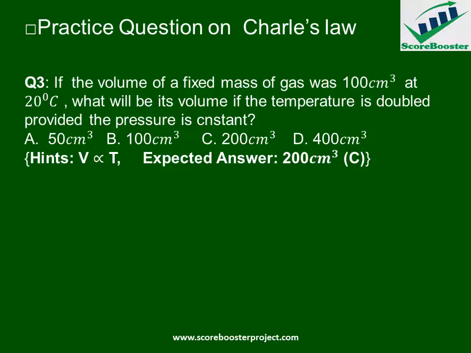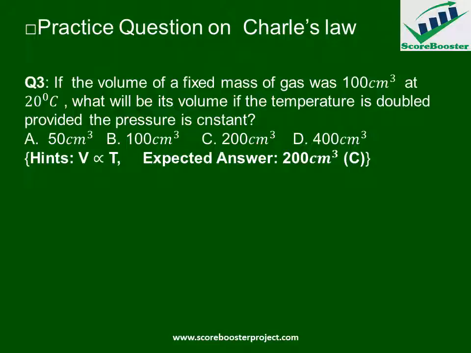Now, the last question here for your practice goes thus: if the volume of a fixed mass of gas was 100 cm3 at 20 degrees Celsius, what will be its volume if the temperature is doubled, provided the pressure is constant? Option A is 50 cm3, option B is 100 cm3, option C is 200 cm3, while option D is 400 cm3.